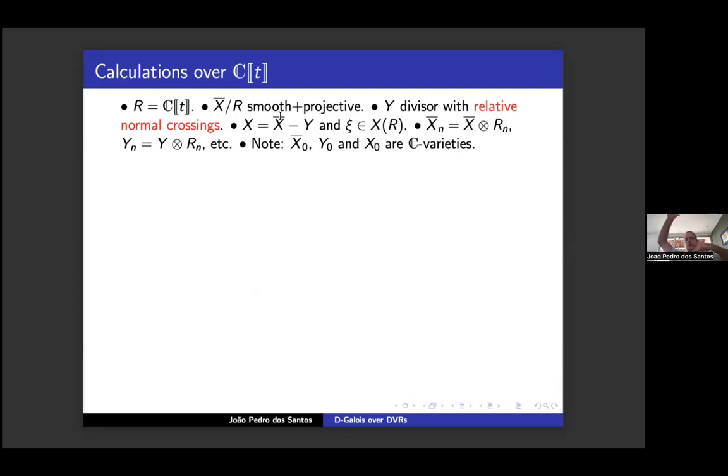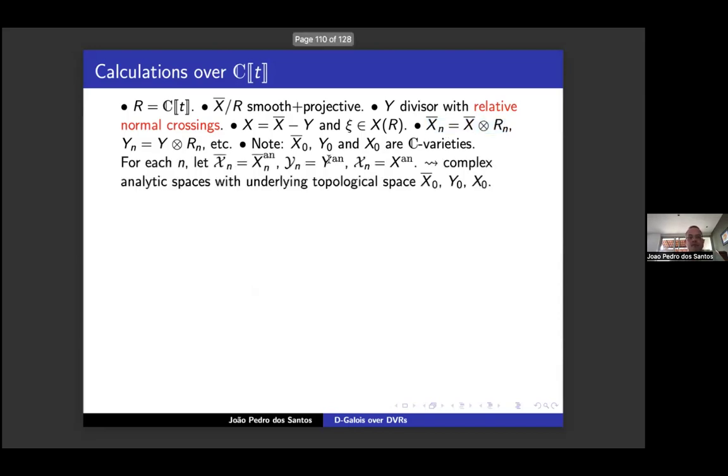You can think of a curve over R, a projective curve over R. You take out some points, and now you're going to reduce modulo T to obtain these schemes, these curves. And since Rn is of finite dimension over C, I have analytic spaces. So I have analytic spaces Xn, Yn, and Xn without a bar.